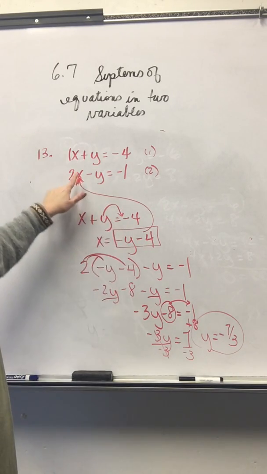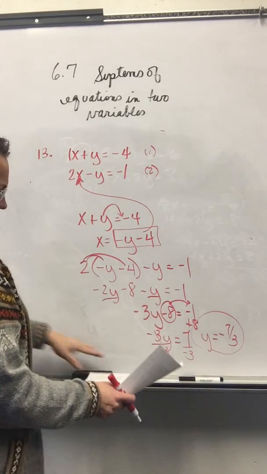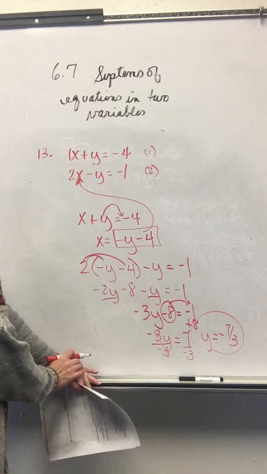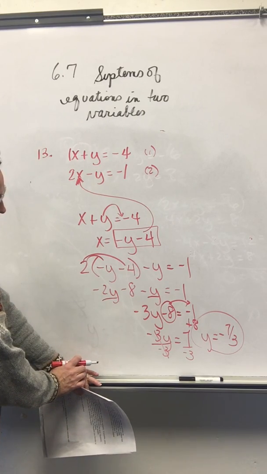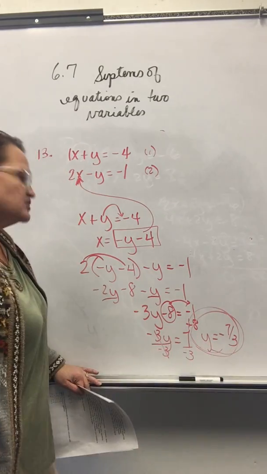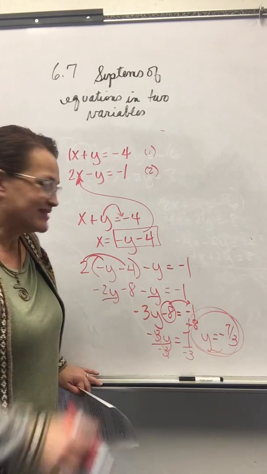And then I subbed that in for this x, kind of good to review the process. No, I think I'm good. I think everything's as it should be. I just thought I wouldn't start out with a fraction on you for your first example, so sorry about that. So yeah, the answer is negative 7/3. Fractions happen, we've said that, but I try to avoid them, at least for the first example.